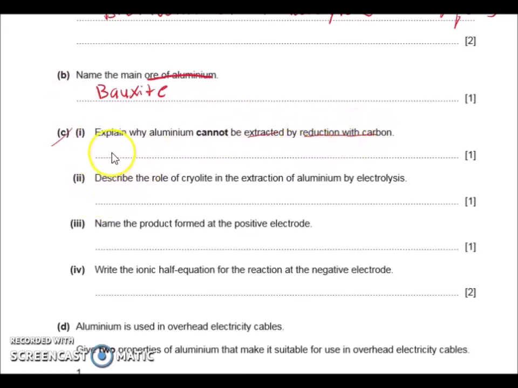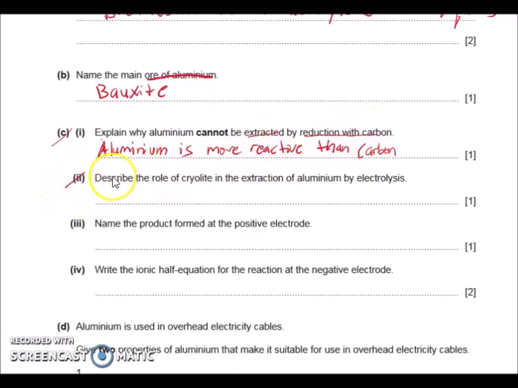Because aluminium is more reactive than carbon. Because in an electrochemical series, aluminium is located above the carbon. So it is much more reactive than carbon.